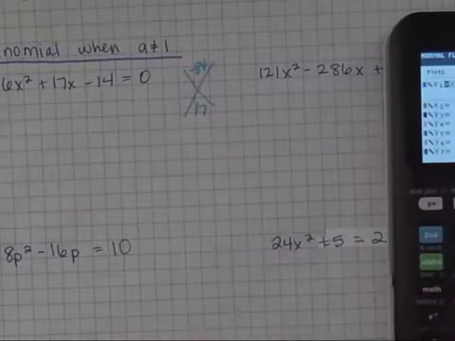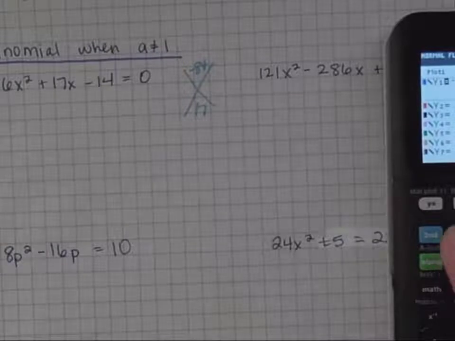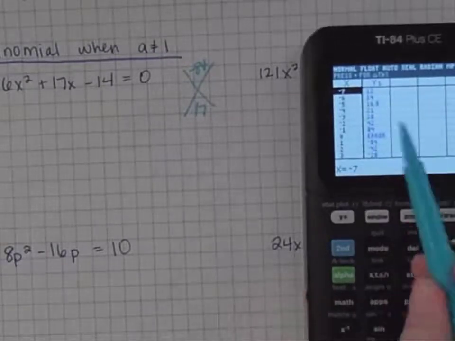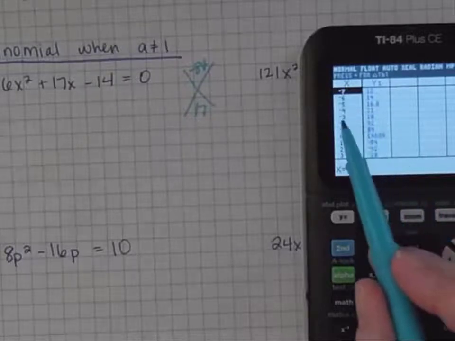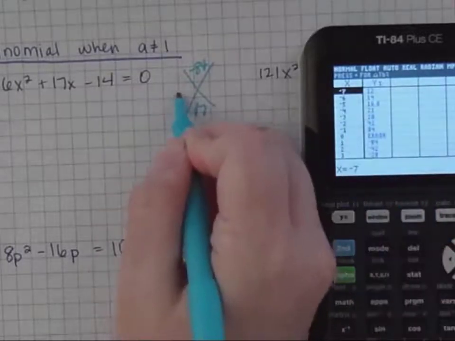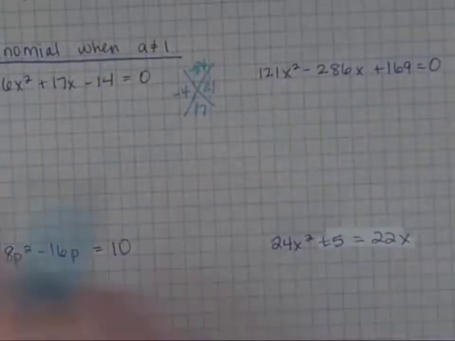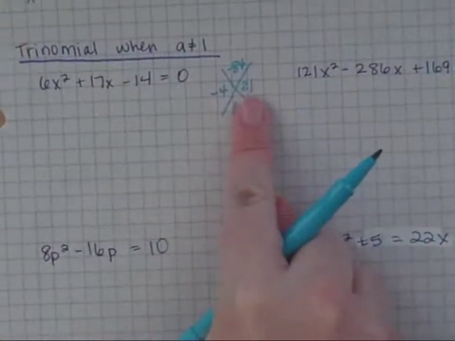So remember how we can use our calculator to find factors. -6 and 14 would add to be 8. Okay, -4 and 21. Okay. Remember, this is how we break up our middle term.